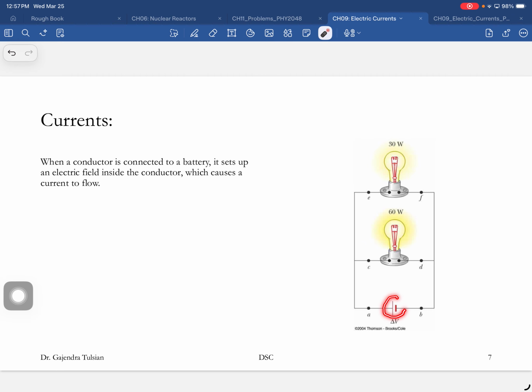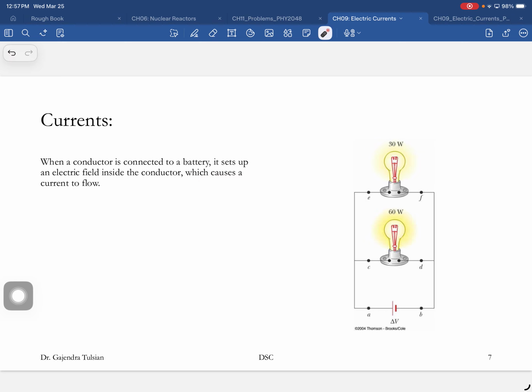So here's a battery. This is the electrical symbol for a battery. Here's a device that converts electrical energy to light, at least some of it to light. So when you connect the battery, it establishes an electric field like that, and then electrons respond. When a conductor is connected to a battery, it sets up an electric field inside the conductor, which causes a current to flow.